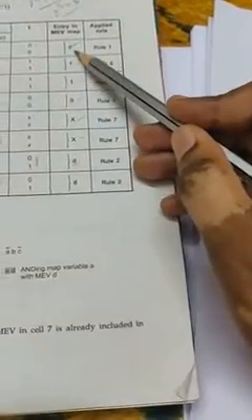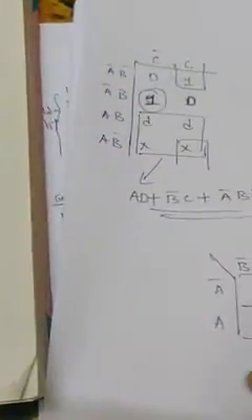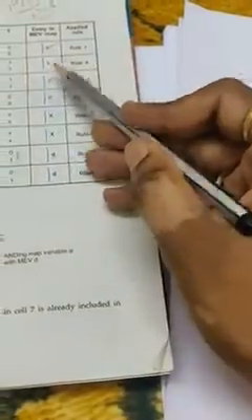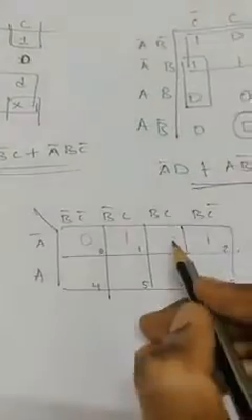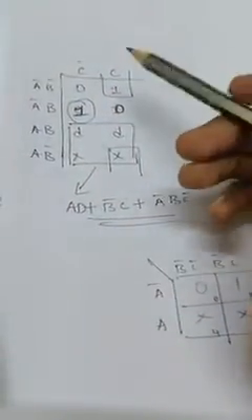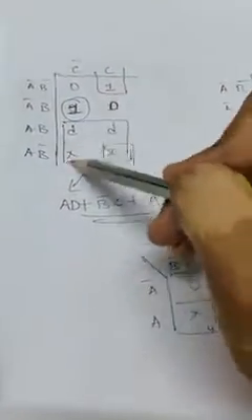So 0 is here, 0, then 1, then 2 is 1, 3 is 0, then 4 and 5 are don't care, then 6 and 7, 6 is D, 7 is D. Like this you need to fill, or else go with the previous problems which we have solved, 0 1 2 3 4 5 6 7.